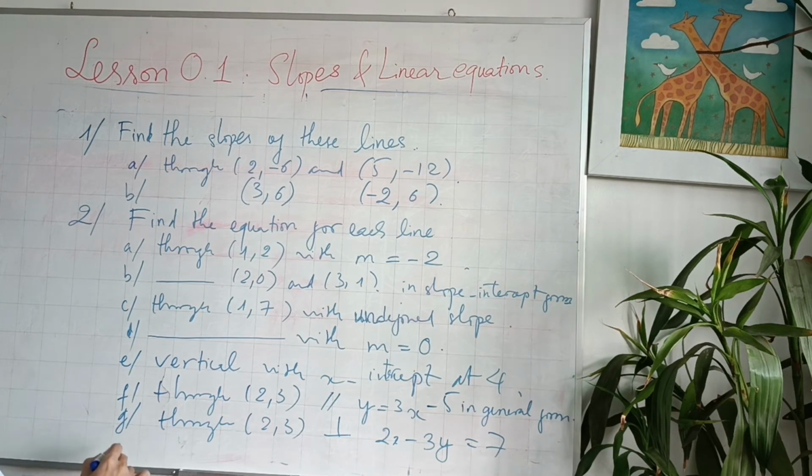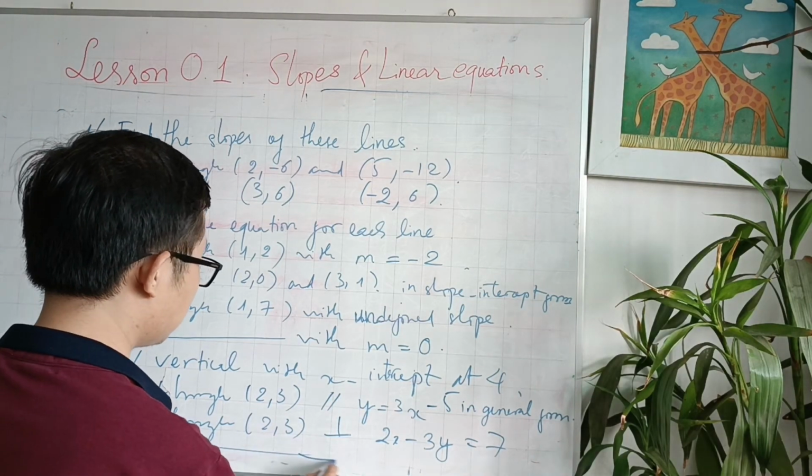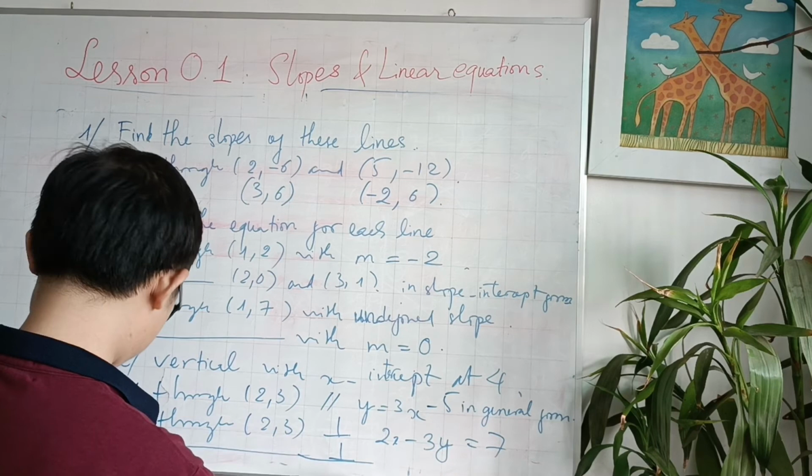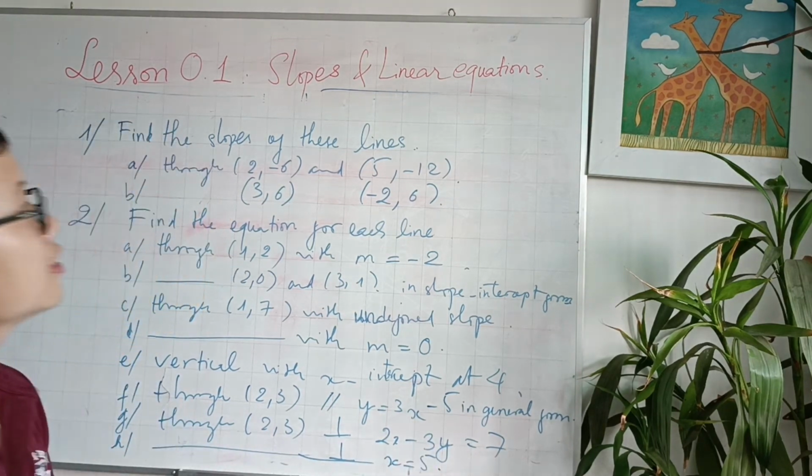And the last one, H: through this point and perpendicular to the graph of x equals 5.